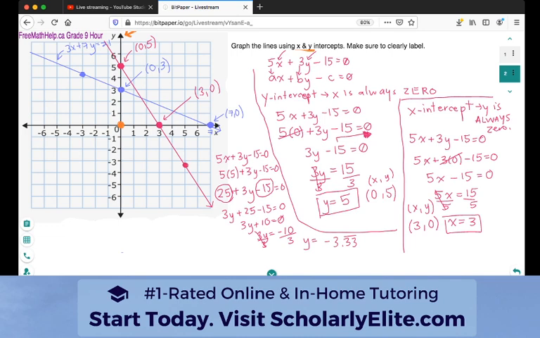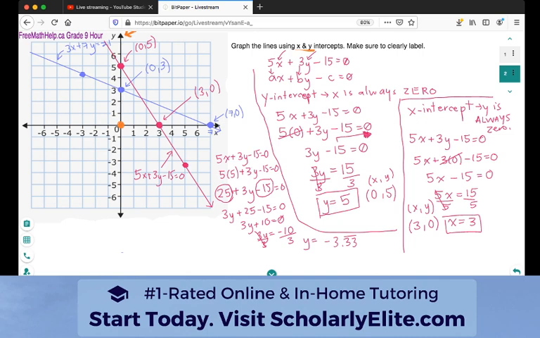Okay, guys. So as you can see, we used all of this logical step-by-step information. And just to reiterate what I was talking about, when we've been given a line, so in this case the line formula was 5x + 3y - 15 = 0, what we've really been given is an opportunity to plug one number in and solve for the other number.